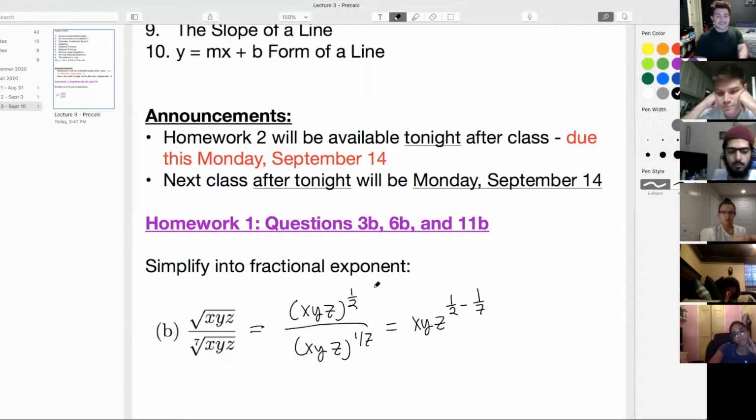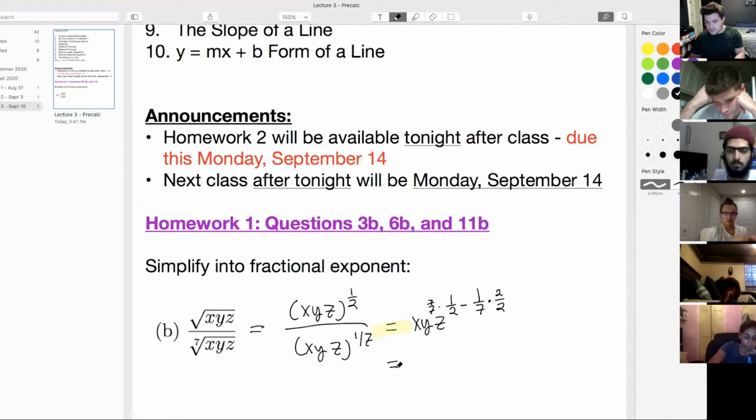All right, so this is the step that I did not see a lot of people do. Okay, so this is just the quotient rule, and now you can just subtract these fractions. So you create a common denominator of 14. So you multiply the top and bottom of the first guy by 7/7, and multiply the top and bottom of the second guy by 2/2.